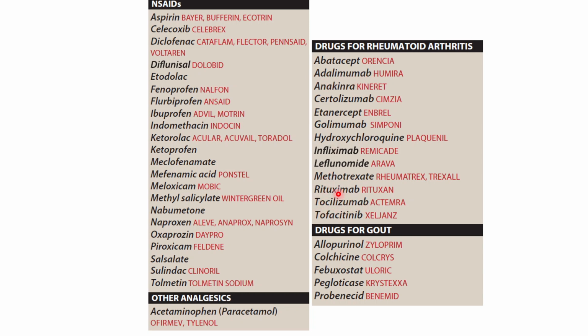So these are the new drugs that can be used to reduce the progression of the rheumatoid arthritis, but the disease cannot be completely cured, but only the progression can be decreased. So these drugs will decrease the progression of the disease.